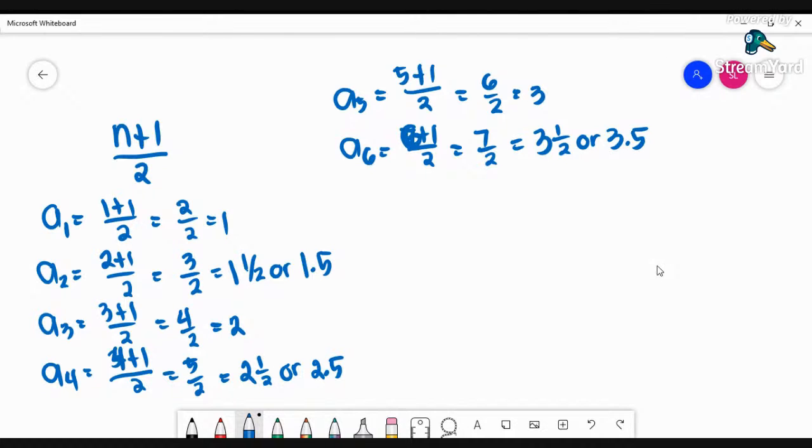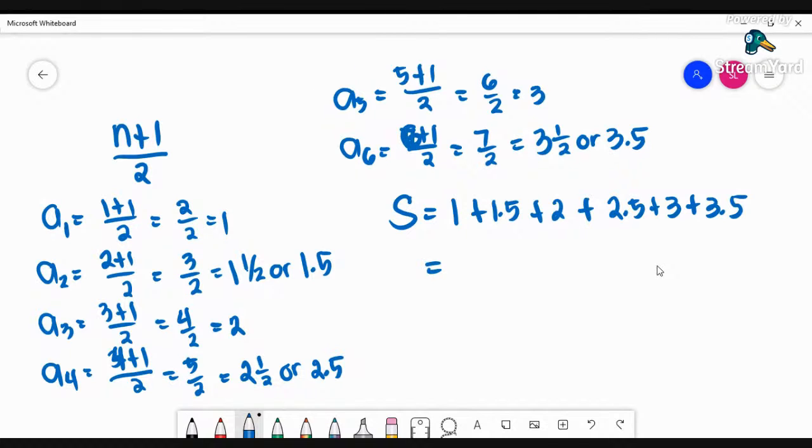So, if we are going to find the associated series, all we have to do is add. So 1 plus the second term, which is 1.5, plus 2, plus the fourth term, 2.5, plus 3, plus 3.5. So those are the 6 terms.